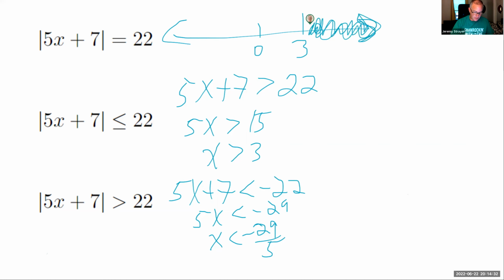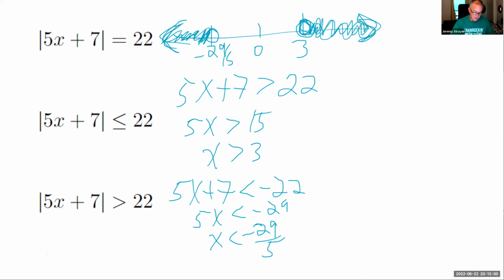I think you know it's open because this is strictly greater than, there's no greater than or equal to. So that's why we've got an open point here. And then at negative 29 over 5, that's going to be open there as well. And we will fill in this graph. So these are the values that will make our inequality true.